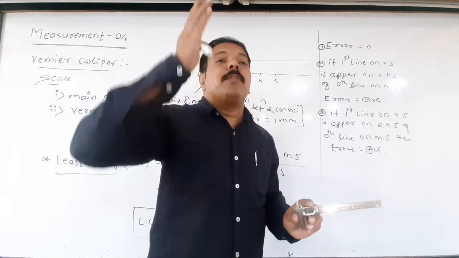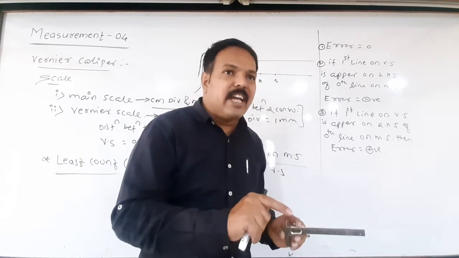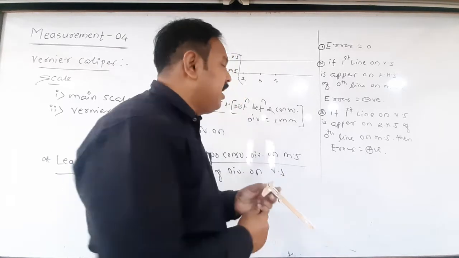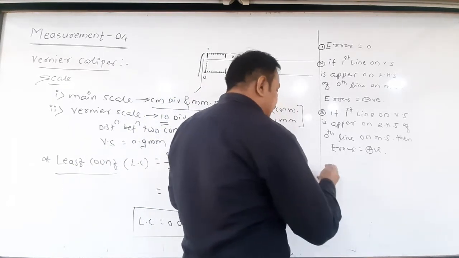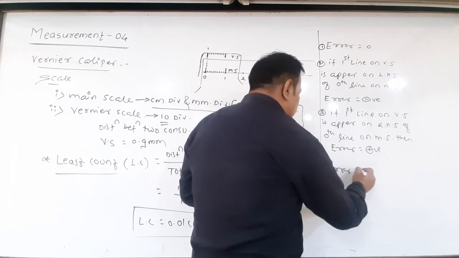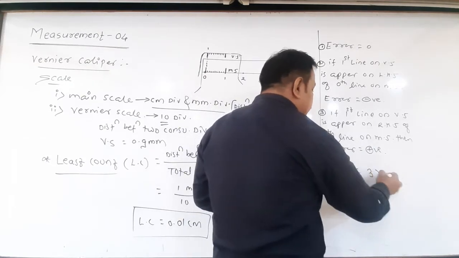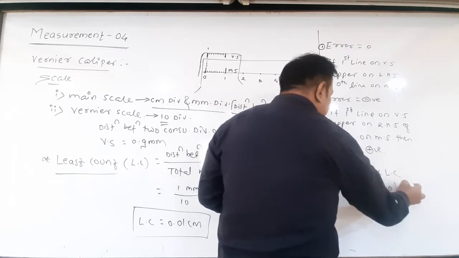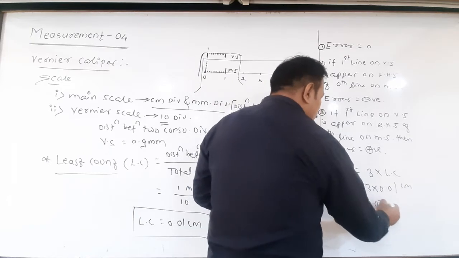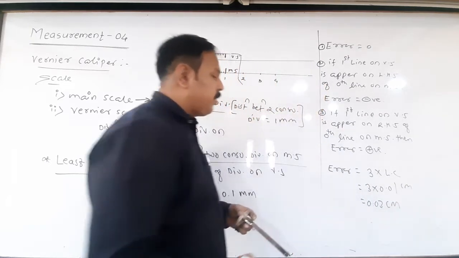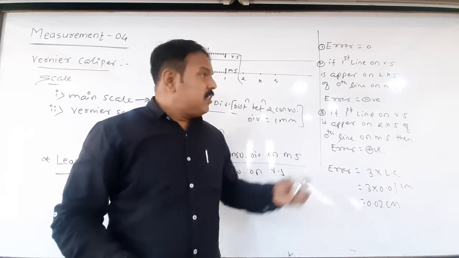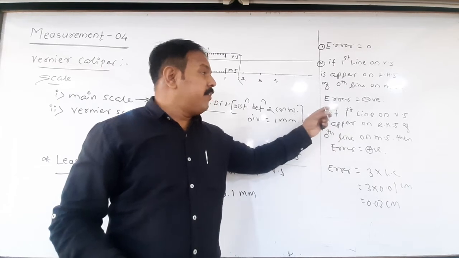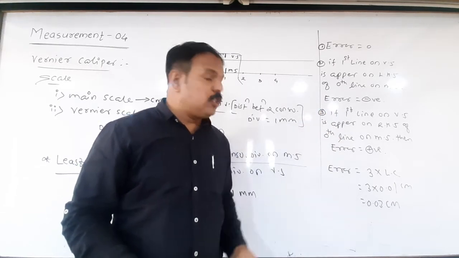For example, if the third line on the vernier scale is matching with a line on the main scale, then error is 3 into least count, that is 3 into 0.01 centimeter, means error is 0.03 centimeter. If it is on the left hand side, it will be minus 0.03. If it is on the right hand side, it will be plus 0.03.